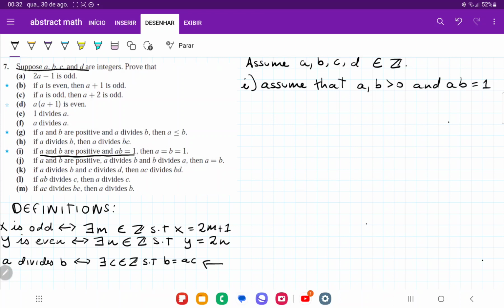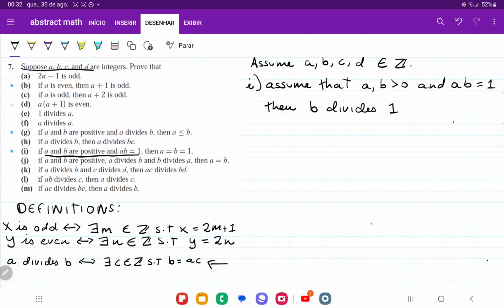So let's see. If AB is equal to 1, then it means B divides 1, right? It fits the definition here in line 3 of a number that divides. Then B divides 1. But the only factor of 1 is 1.